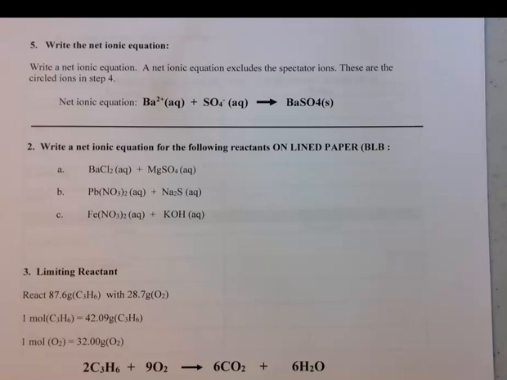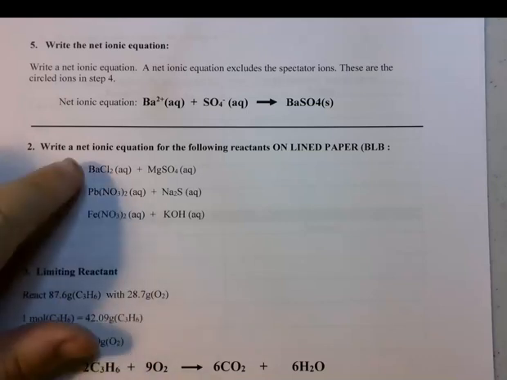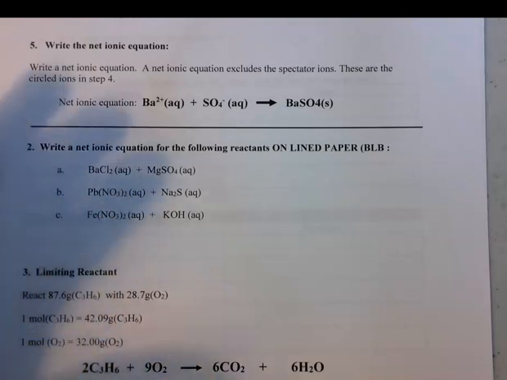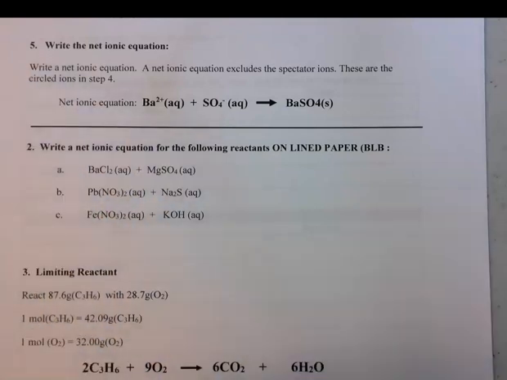It's 5 steps. I'm going to give you 3 of these to do today, and we'll continue to practice these in the future. So let's go ahead and do the rest of the assignment. I would ask that you do these on line paper. They take a little bit of space, and rather than just leaving acres of blank space on white paper here, why don't you just grab some line paper and do these.